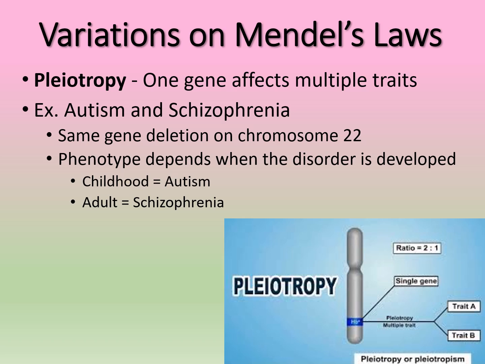So essentially it's the same gene deletion, but it can affect multiple traits. Okay, so you're either going to have childhood autism or adulthood schizophrenia. Okay, so again, very interesting idea, and why, you know, sometimes genetics isn't very straightforward as we wish it were and followed Mendelian laws.